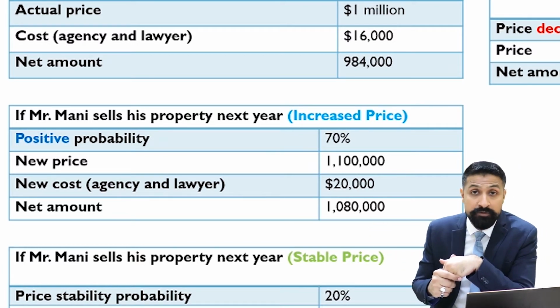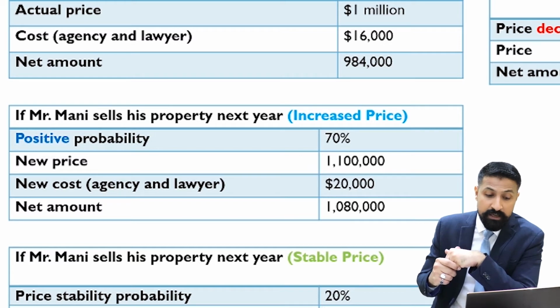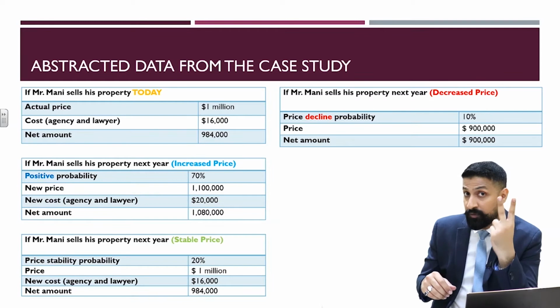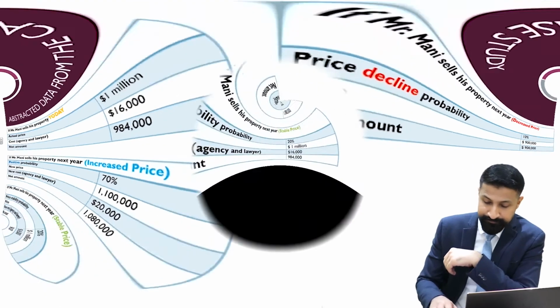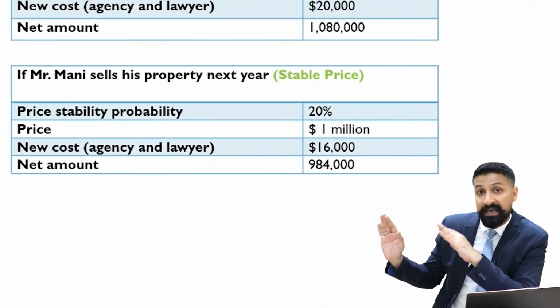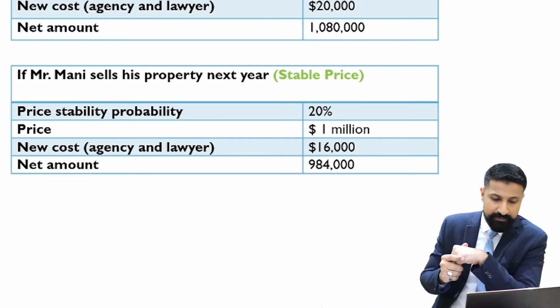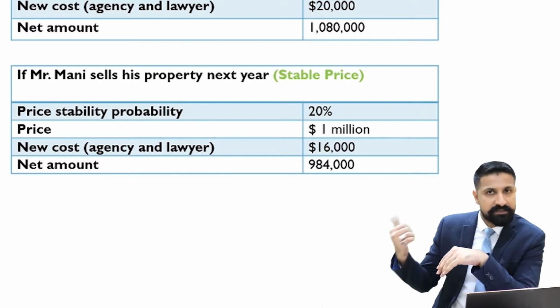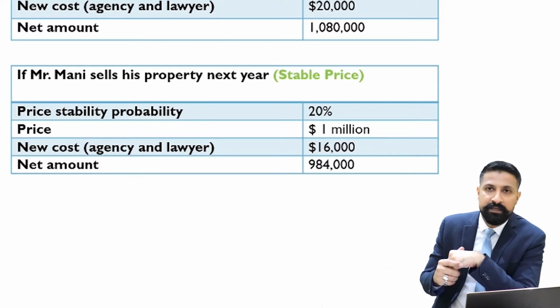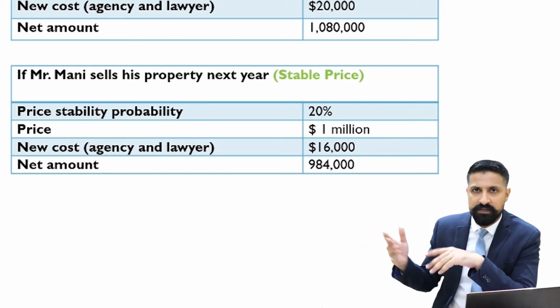And the net amount he would get in his hand is 1,080,000. Scenario 3 is here. If he sells his property next year and the prices remain unchanged, stable, then what will happen? 1 million will be the price, 16,000 are the charges. At the end, he will get 984,000 in his hand.